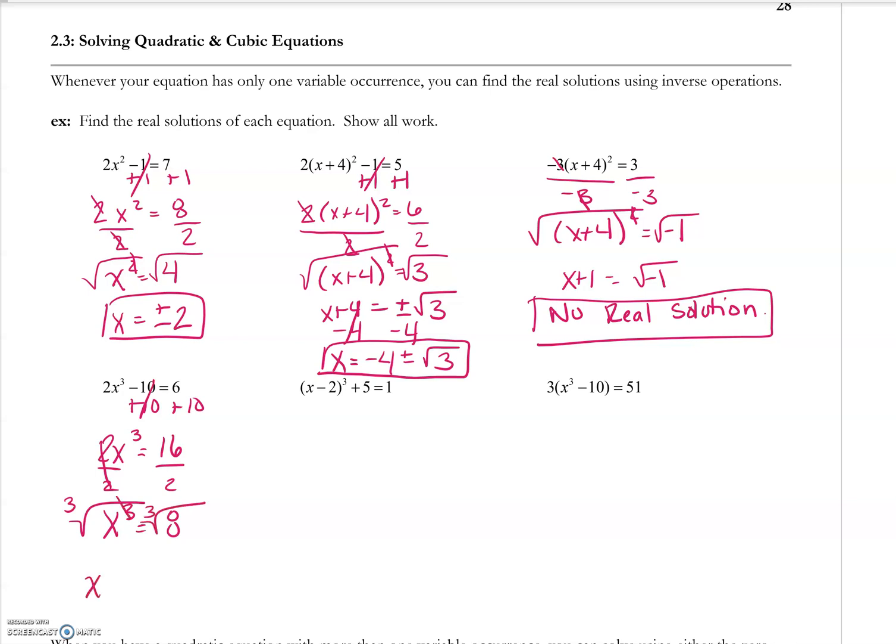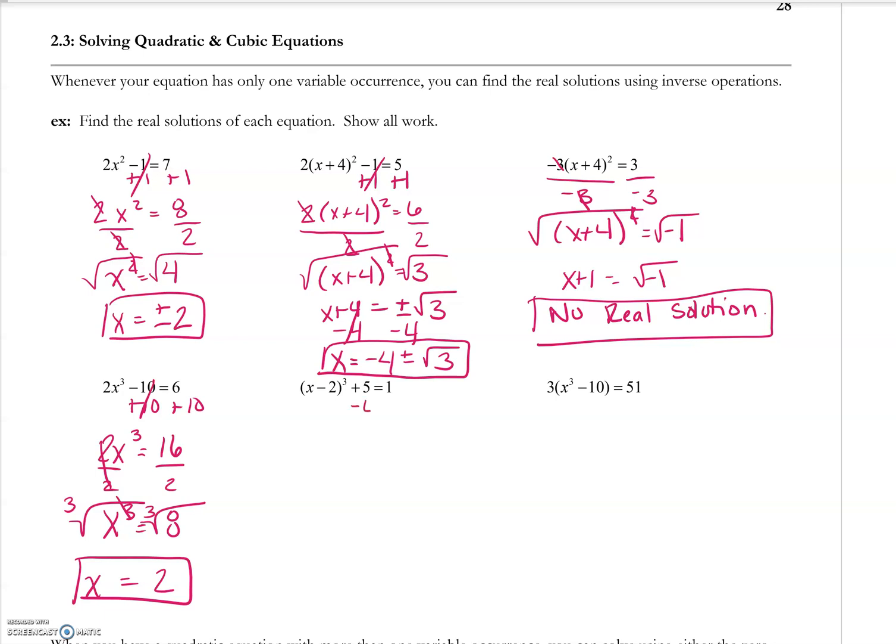So then I ask myself, what number times itself 3 times equals 8? And that number would be 2. 2 times 2 is 4, times another 2 is 8. So the cube root of 8 is just positive 2. When we take cube roots, we only have one solution.